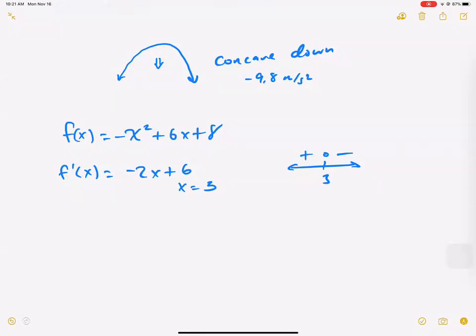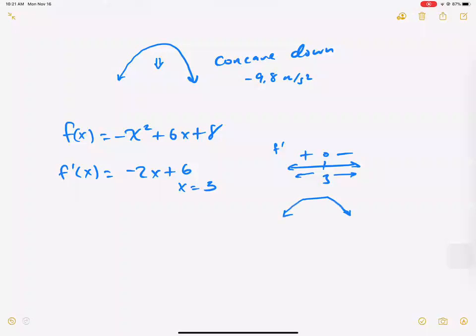Okay, is everyone cool with that? F prime would be positive on the left side of 3, and it would be negative on the right side of 3. So that's the change. My slope is up, 0, down. It's already looking like a downward facing parabola.